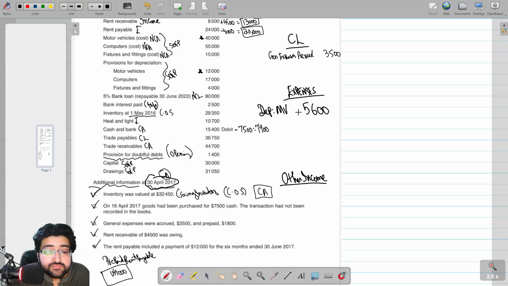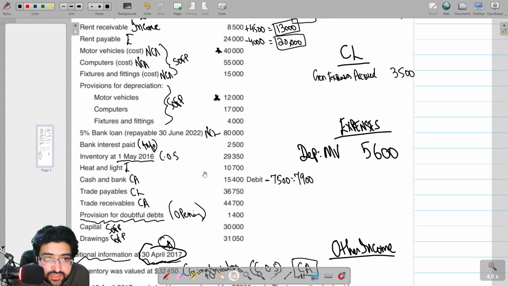Okay. Now, one more thing. Also, add the amount to the provision given in the question. So 12,000 was the provision for depreciation till now, which means this was the total depreciation till now.